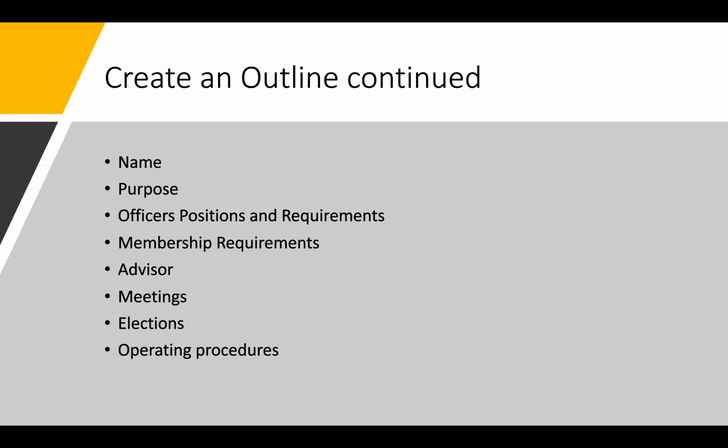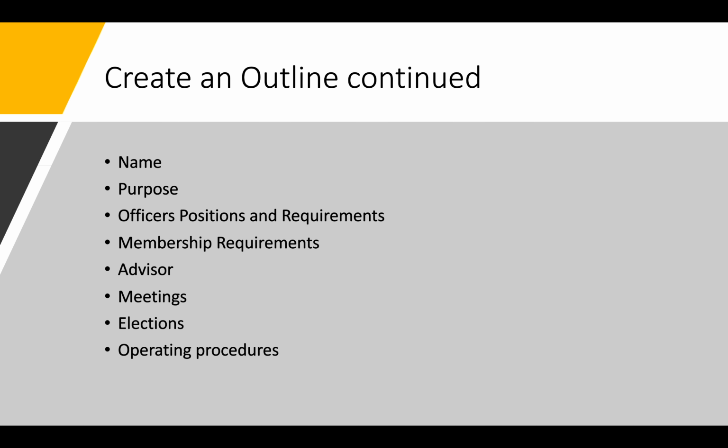So let's get started on what is in a constitution outline. You have your name, your purpose, officer positions and requirements, membership requirements, advisors, meetings, elections, and operating procedures. Those are the biggest topics and sections. Your Article 1 would be your name and purpose.